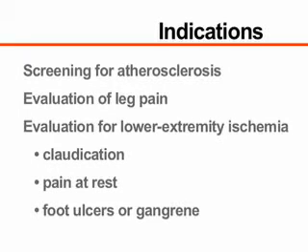Indications for measuring the Ankle-Brachial index include screening for atherosclerosis, evaluation of leg pain, and evaluation of lower extremity ischemia. Consider lower extremity ischemia when there is a history of claudication, which may occur at the buttock, thigh, or calf levels, pain at rest, particularly in the foot, or foot ulcers or gangrene.